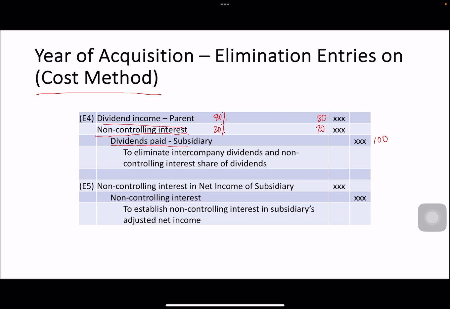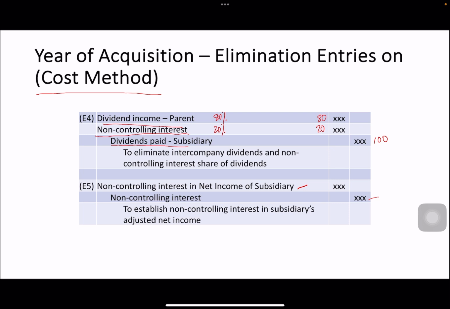The fifth eliminating entry pertains to the non-controlling interest share in the subsidiary's adjusted net income. We debit non-controlling interest in net income of subsidiary to separate the NCI's share of the net income of the subsidiary from the parent, and we credit non-controlling interest.